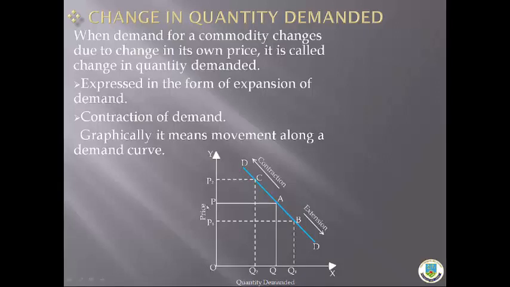Here OP is the price level and OQ is the quantity demanded. So when price decreases to OP1, quantity demanded increases to OQ1.